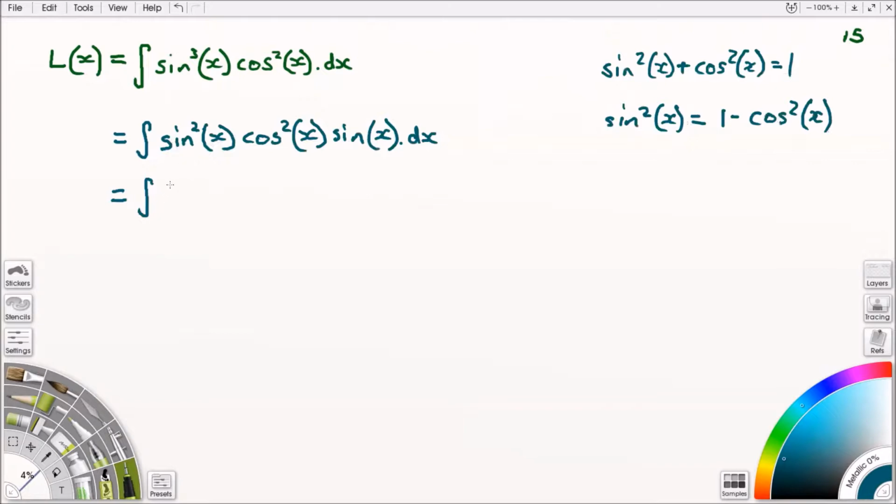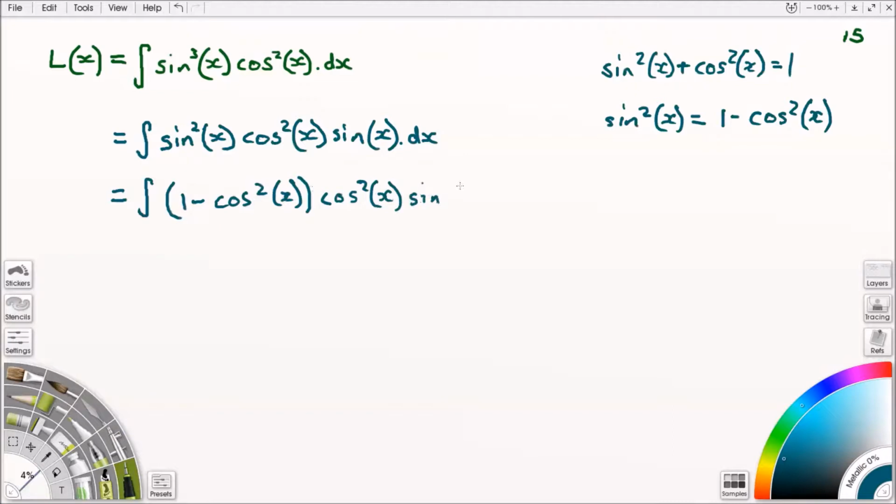So now I'll work on one thing at a time. So 1 minus cos squared x, and then we have cos squared x.